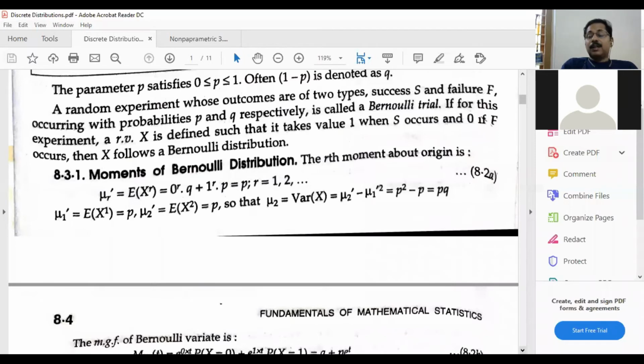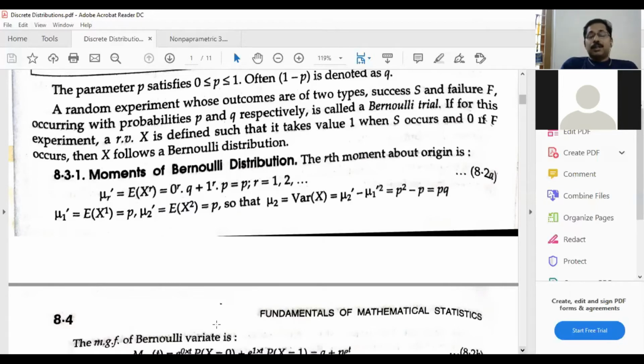So to get the expectation of X raised to r, the summation over X raised to r into P of X. First value is 0, so 0 raised to r into probability of getting 0, which means Q. X will take the value 1 with the probability P.